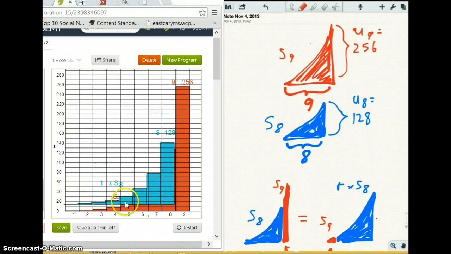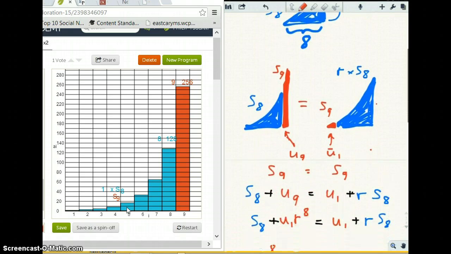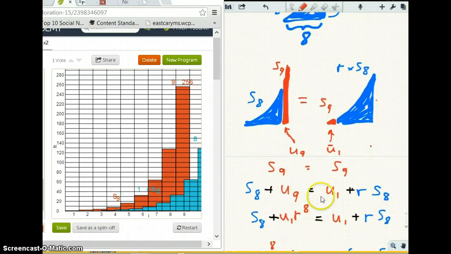Now I can cover the red region with this blue region in 2 ways. One is I can cover it, if I scoot it all the way to the left, I can cover the red region's 8 left bars, and then I only have a red bar left over on the right. So if you look at the notes on the right, you can see here that if I do that, then the left region, which I can call S8, which is like the area that's 8 wide, covers the 8 left bars.